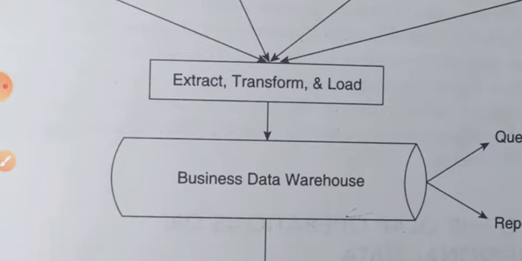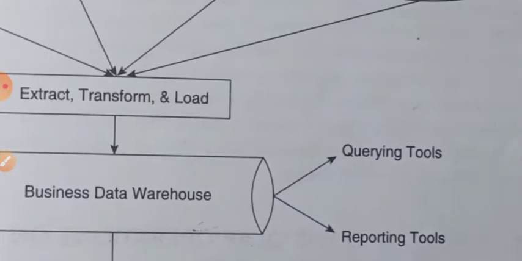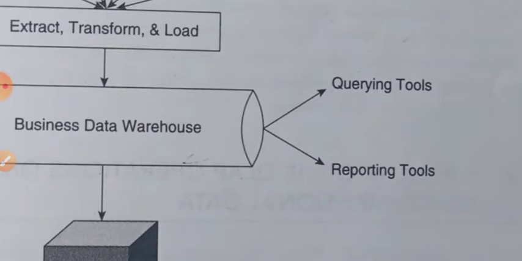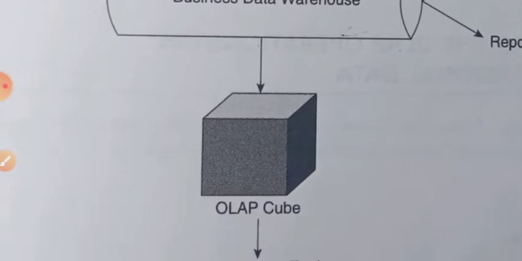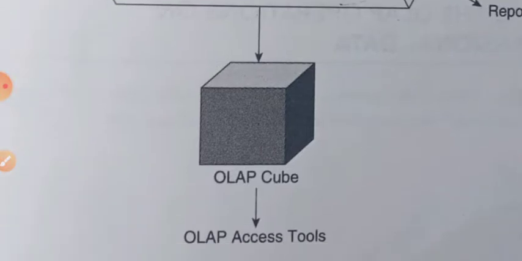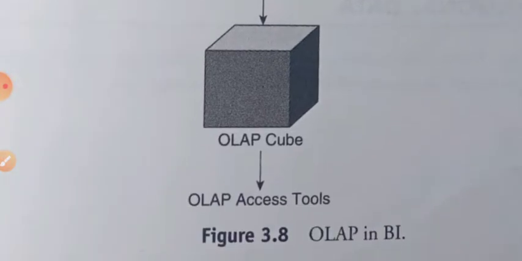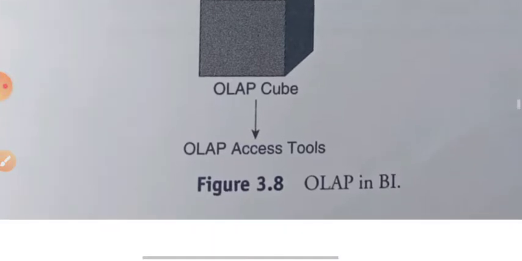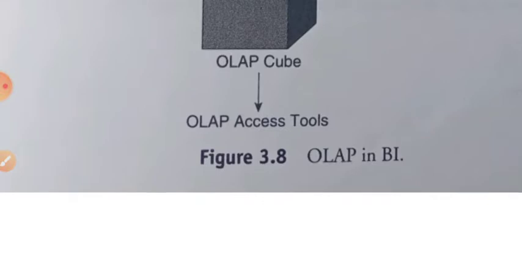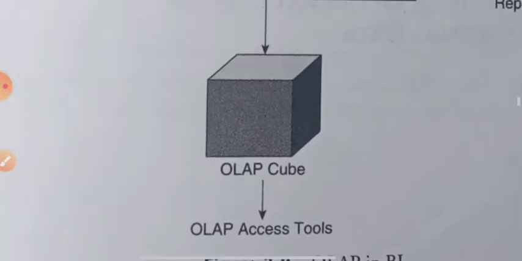Now on this business data warehouse, you apply querying tools and reporting tools to get the required information, and all this information is stored in the OLAP cube, and from this OLAP cube the data is accessed by OLAP access tools. So this figure represents OLAP in BI, that is online analytical processing in BI.